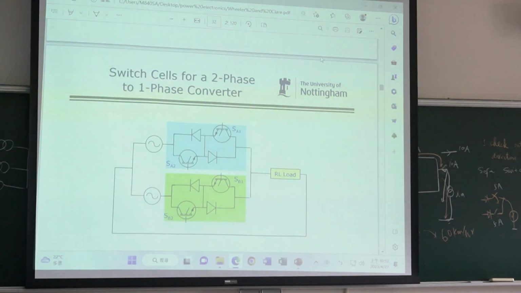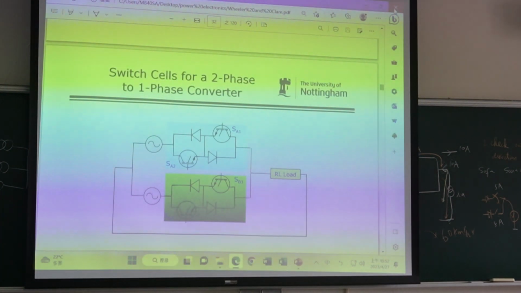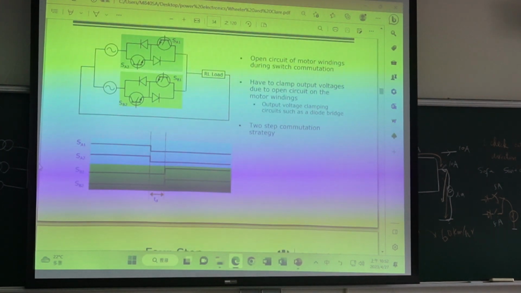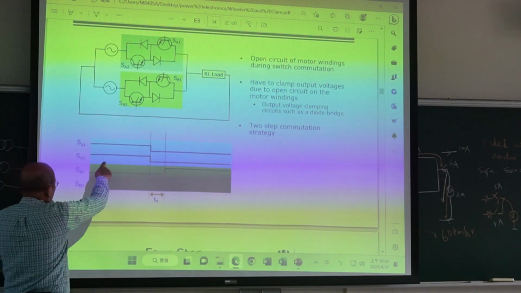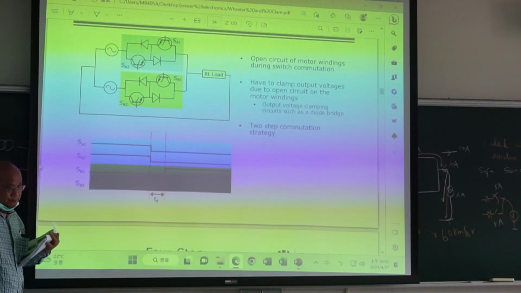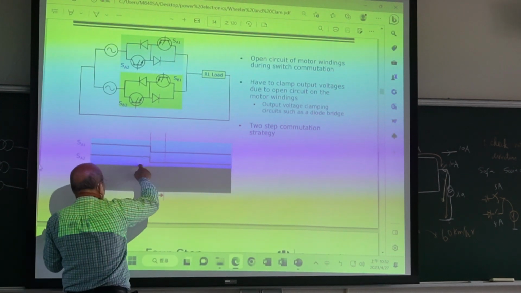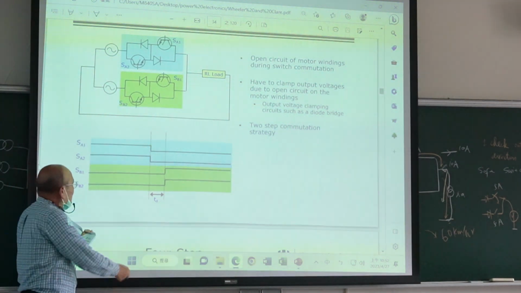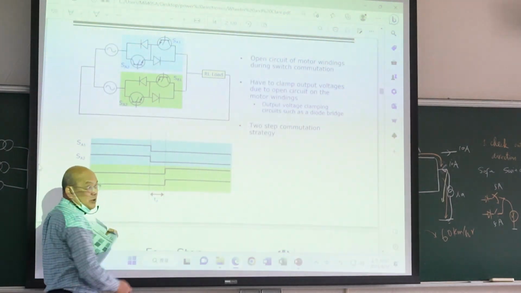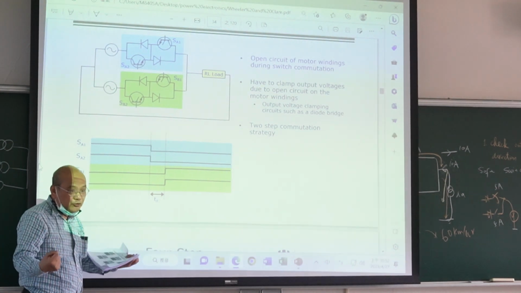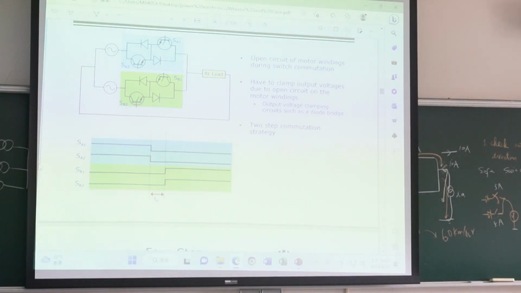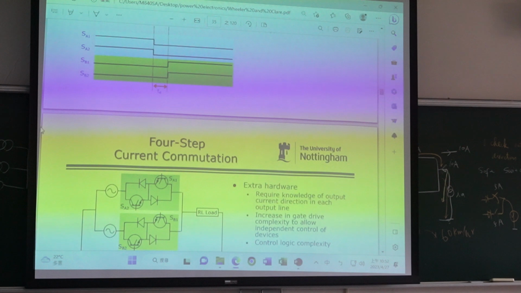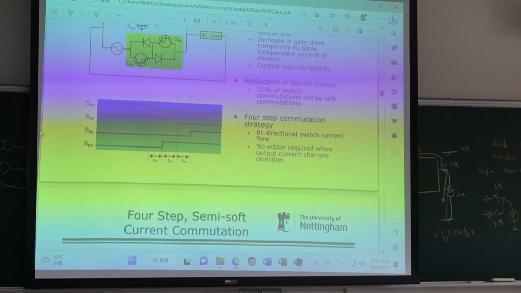So only 2 steps. You have SA and SB. This is A switch turn on. This is B switch turn on. This is daytime, right? But what is the change from 10 ampere to 0 ampere? It is too huge. Then what happened? We propose 4 steps. We change from 10 ampere to 5 ampere and 5 ampere to 0 ampere.